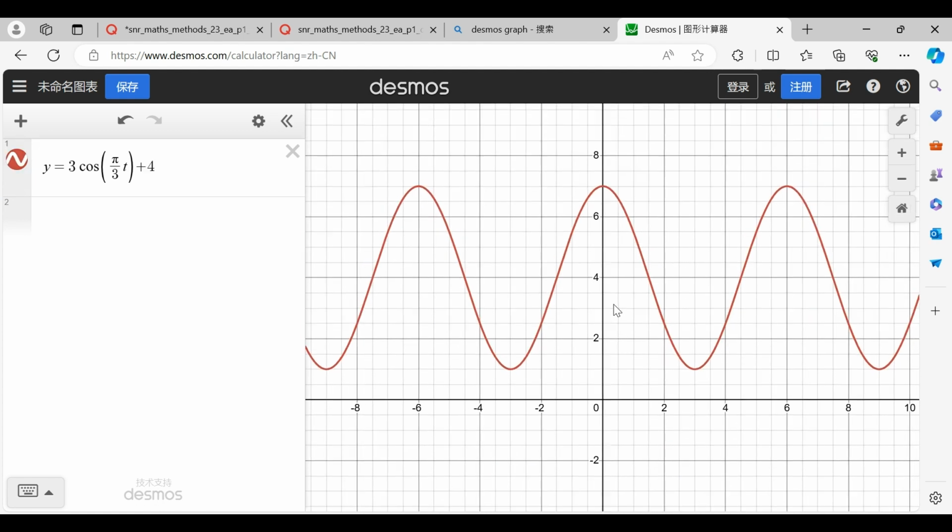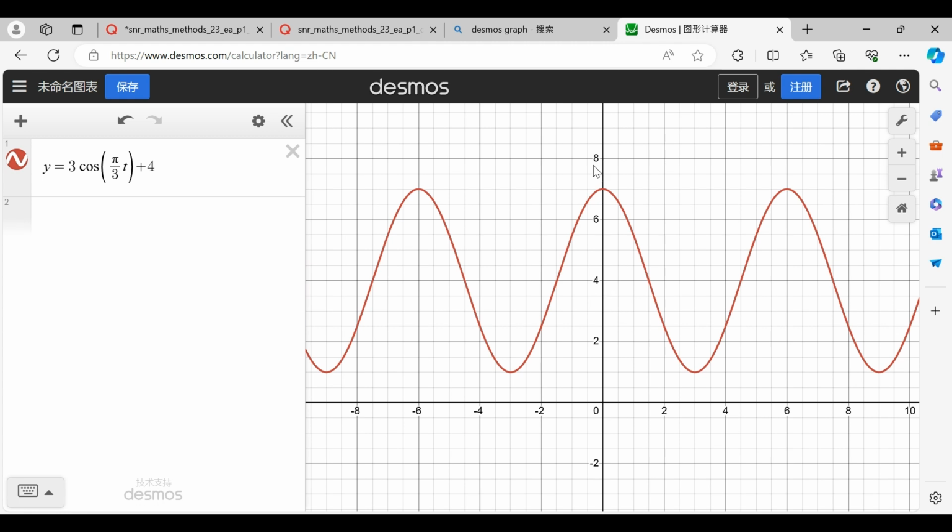This is the graph according to the solution. You can see that when t equals 0, the value of y is actually at the maximum.